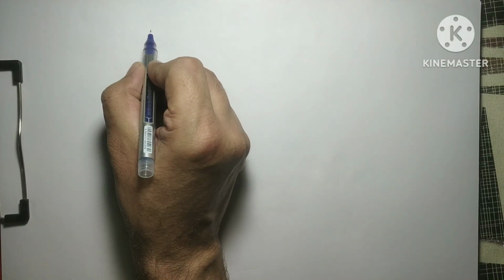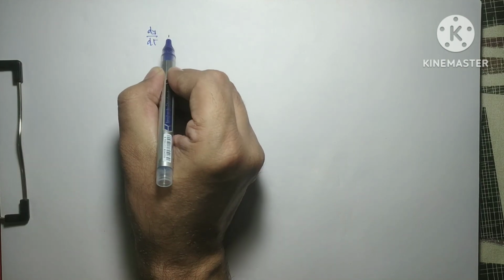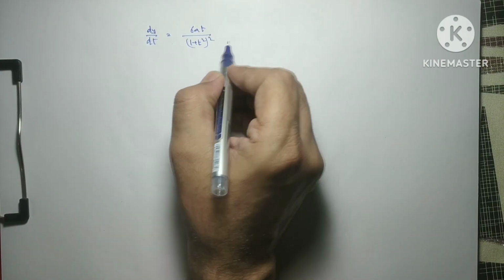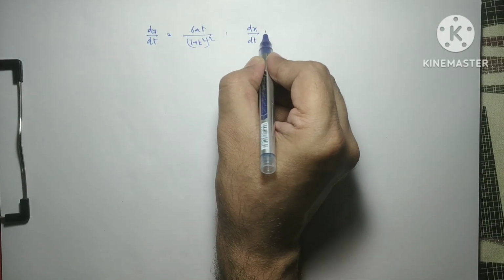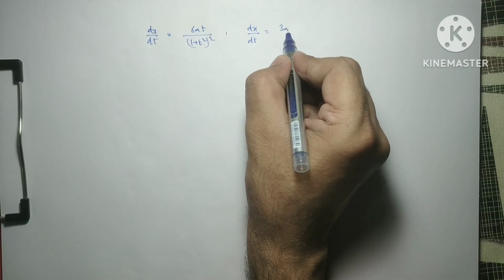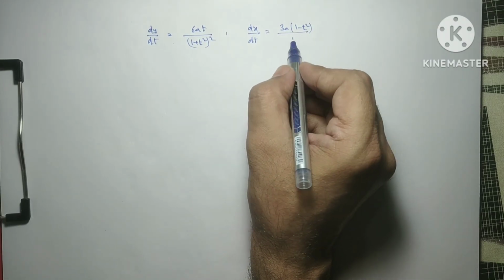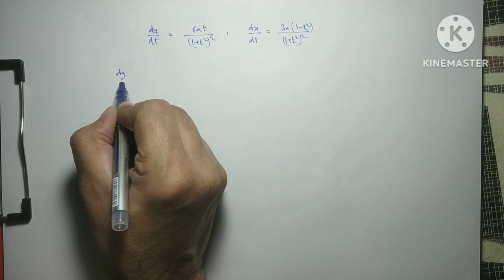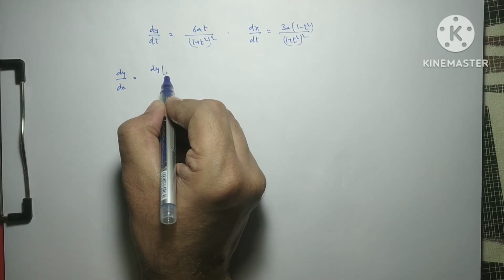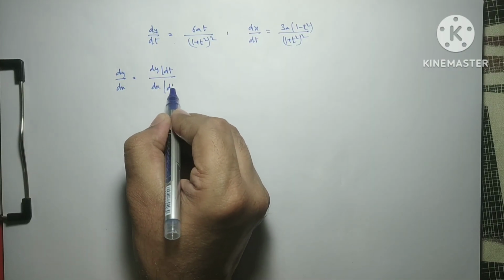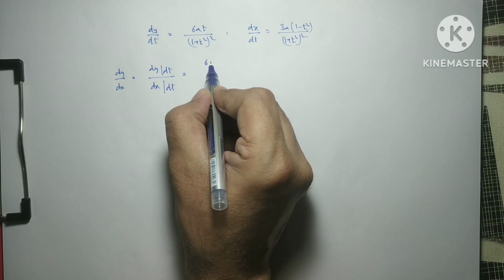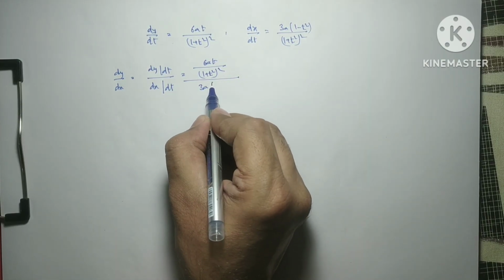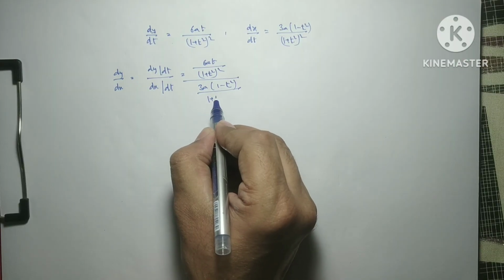So we have dy by dt is 6a square over 1 plus t square whole square, and dx by dt is 3a 1 minus t square over 1 plus t square whole square.